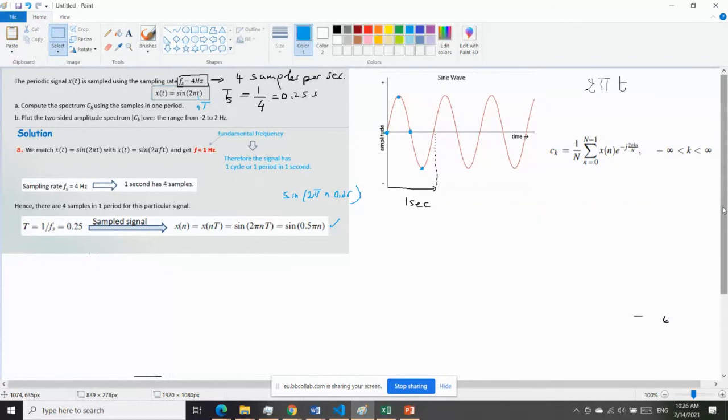All right, so Ck means we want to compute C0, C1, C2, C3 and so on. In fact, there are also C minus 1 and C minus 2.